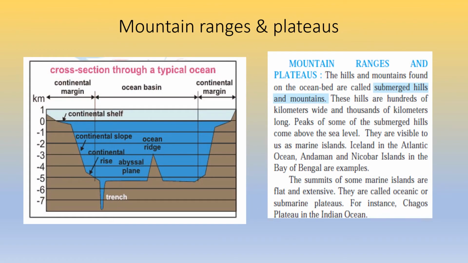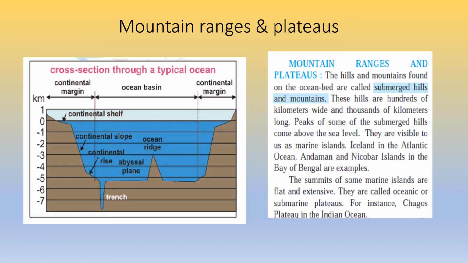These hills found in the oceanic bed are called submerged hills or mountains. Many times we see islands in the deep ocean; they are the submerged peaks of these hills. These hills are hundreds of kilometers wide and thousands of kilometers long. Peaks of the submerged hills come above sea level and are visible to us as marine islands.